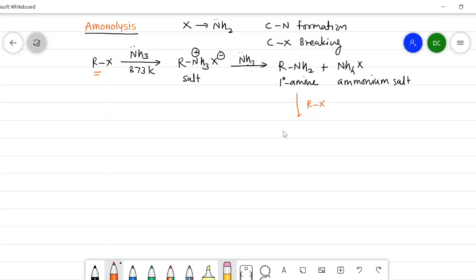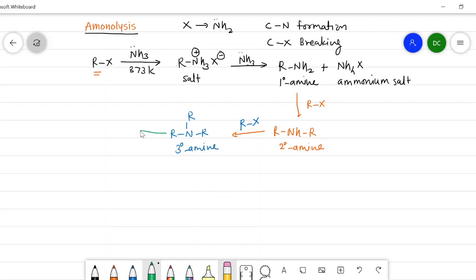So we get again the replacement of the hydrogen by the alkyl group, and we get RNHR, that is a secondary amine. This secondary amine again reacts with the excess alkyl halide and converts into a tertiary amine.